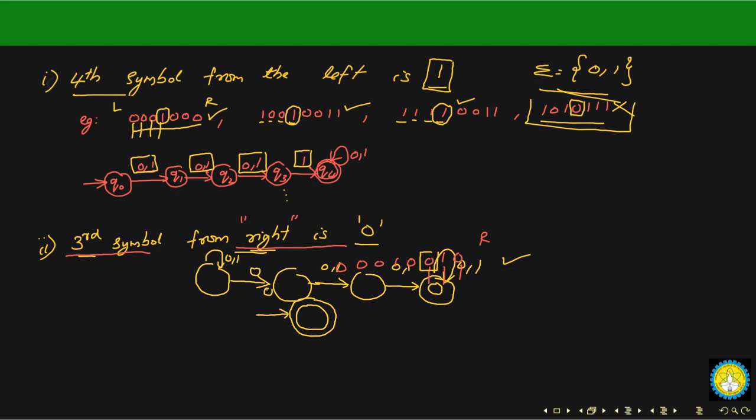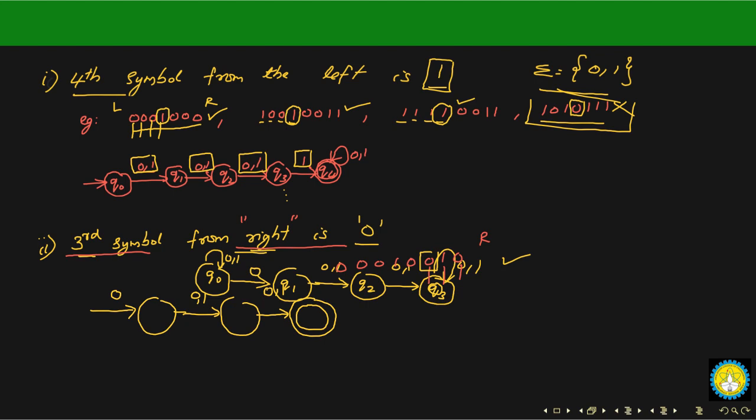It can be a 0 or a 1, right? And the second last symbol can also be anything. There is no restriction on that. So from here, you can have anything, 0 or a 1. And on the third symbol, there is a restriction. So that's going to appear here.